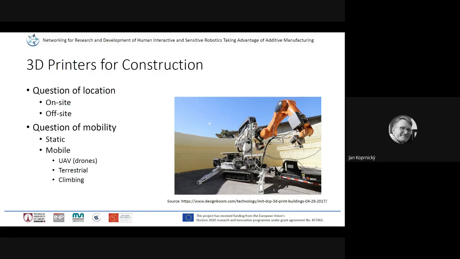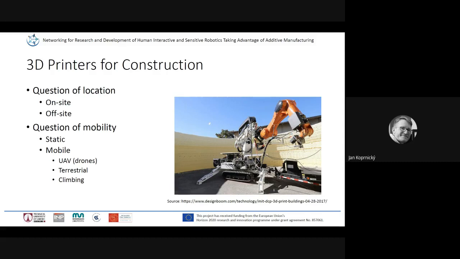And if they are mobile, they can be divided into these groups or categories: aerial vehicles, so flying objects, or mobile robots. They can move on the ground, or they can climb. On the right side of this slide, you can see this monster, but it's a very nice monster.